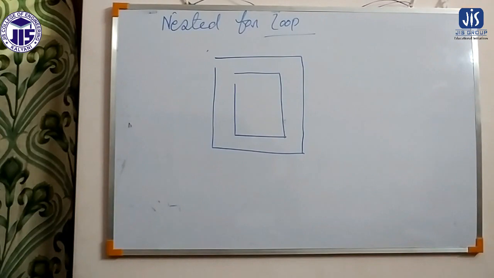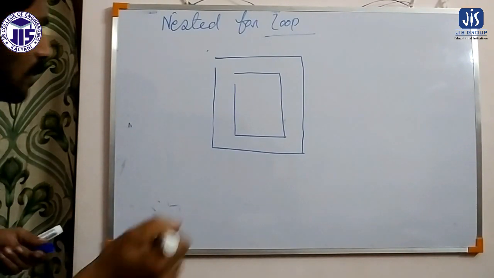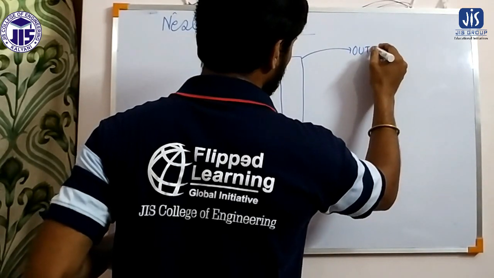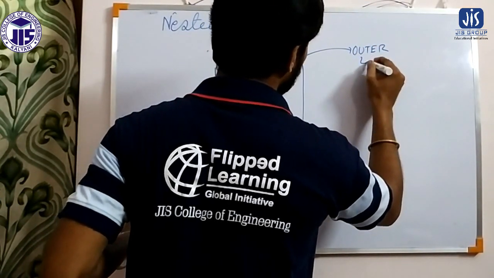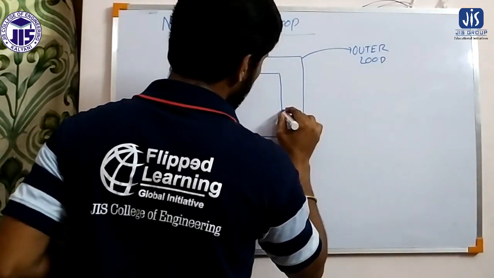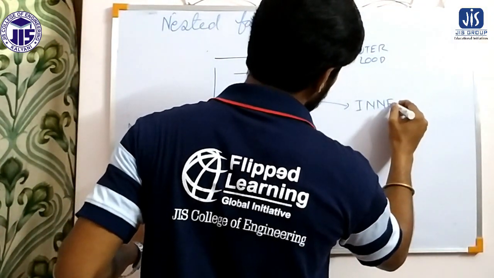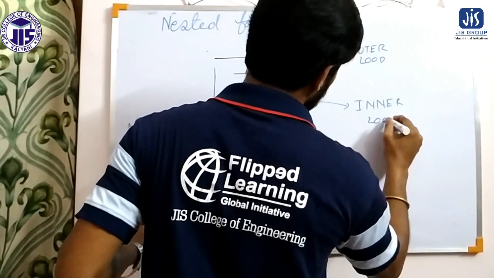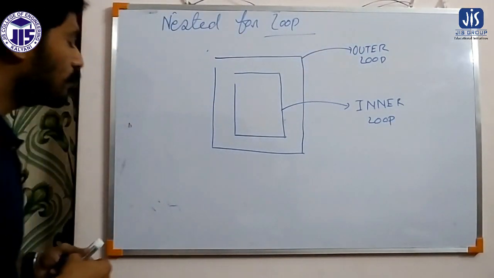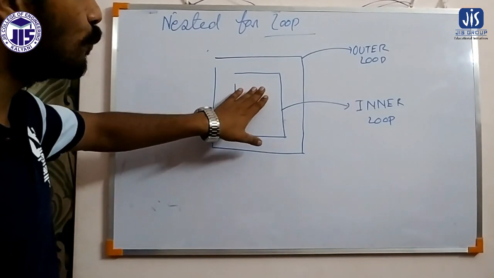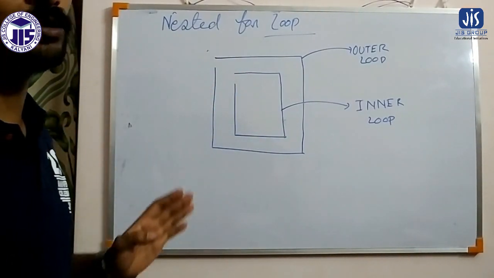So if I consider this is my outer loop, and this is basically the inner loop. So from this you can easily see that the inner for loop can execute only if we can enter into the outer for loop.